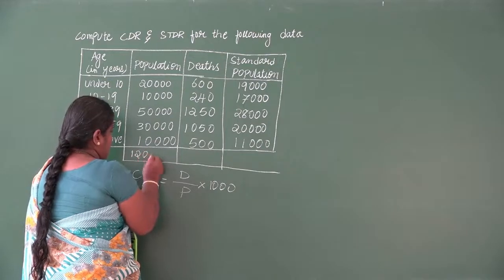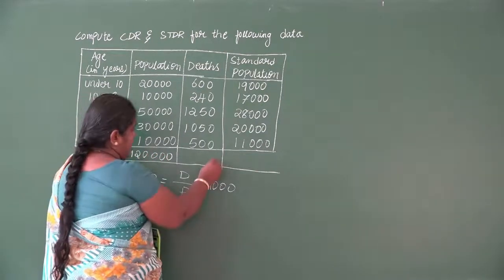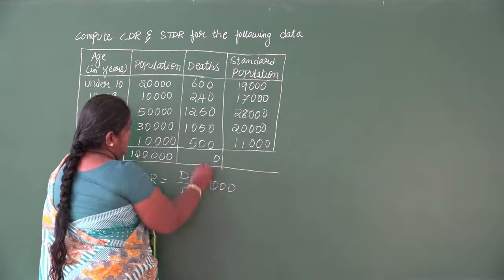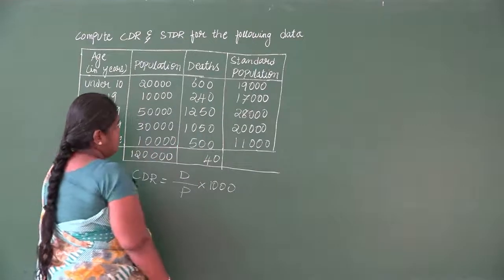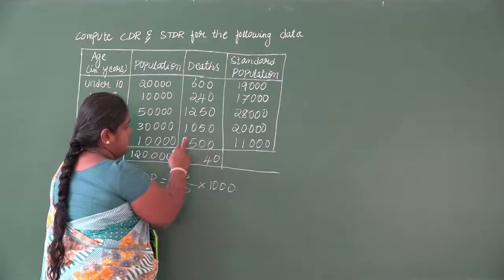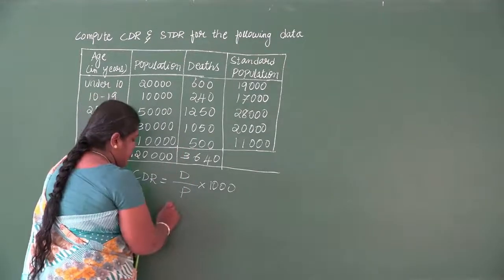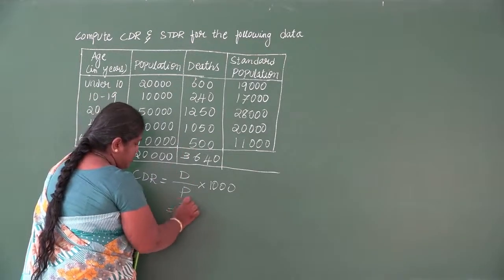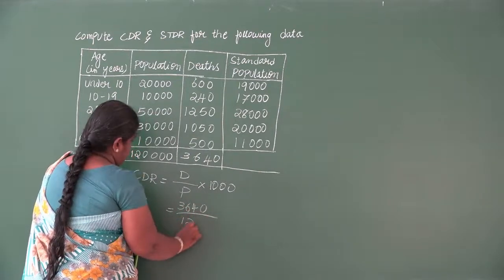We'll get it as 1,20,000. Similarly, add death values 600 plus 240 plus 1,250 plus 1,050 plus 500. So it is 3,640.